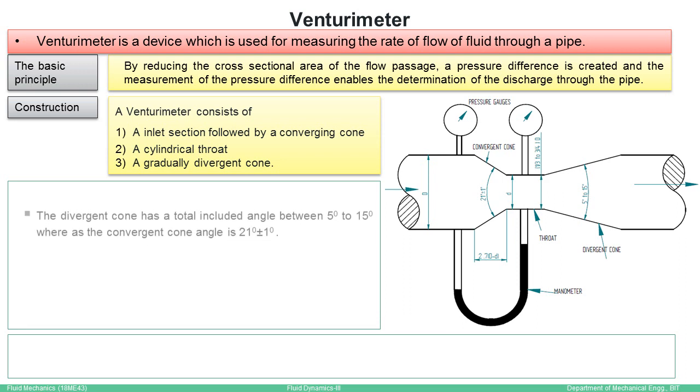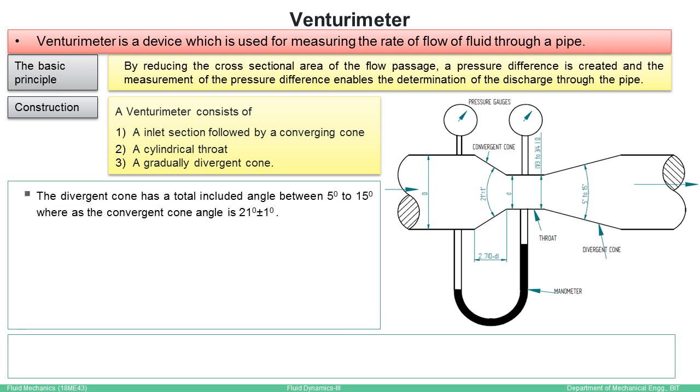A maximum angle of 21 degrees plus or minus 1 degree is given for the convergent cone, whereas a very small total included angle, that is 5 to 15 degrees, is provided for the divergent cone of the venturimeter in order to recover the pressure losses. When you restrict the flow, because obstruction meters use the restriction so that the pressure is reduced, this pressure difference is used for the calculation of discharge.